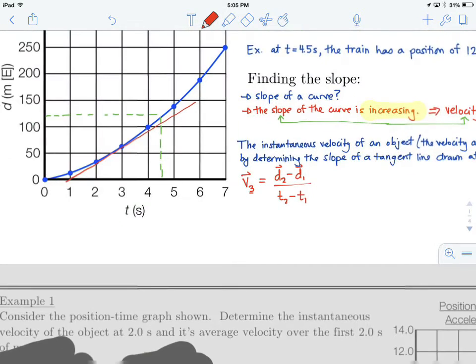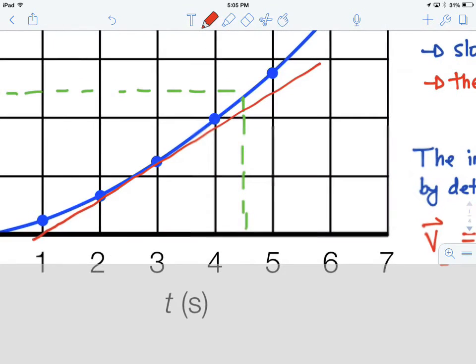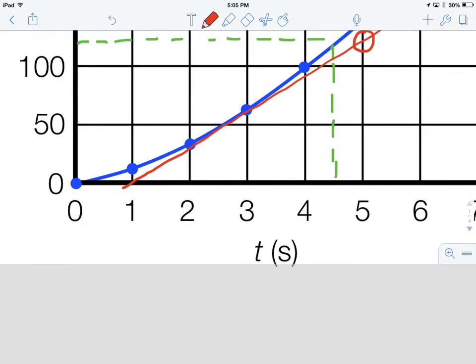I can come to my tangent and find some spots. We could take this spot right here at 5 seconds, and let's look at this spot right here at around 1 second.